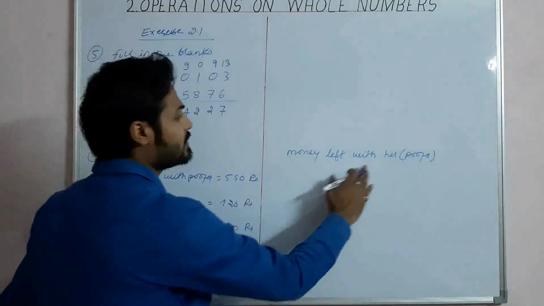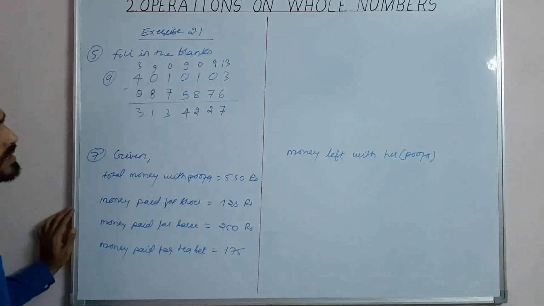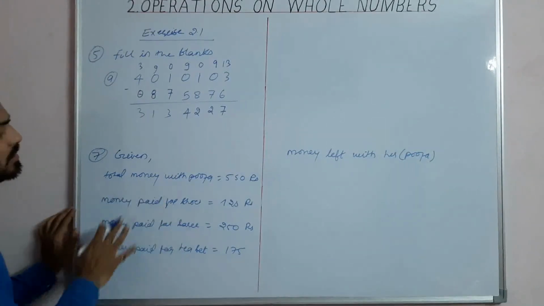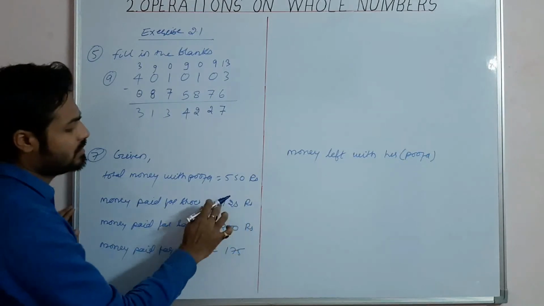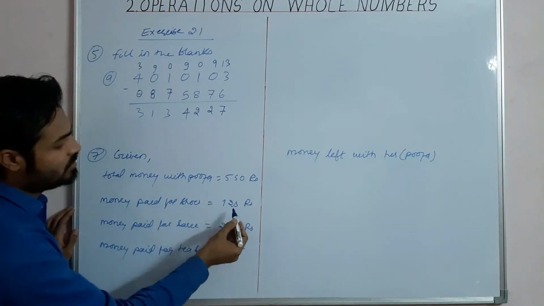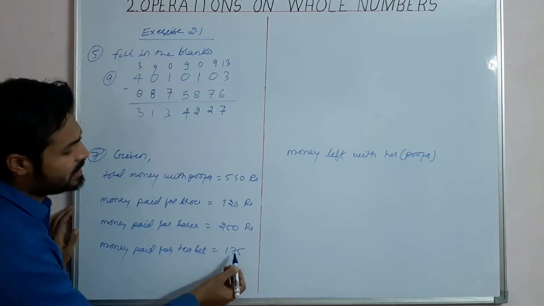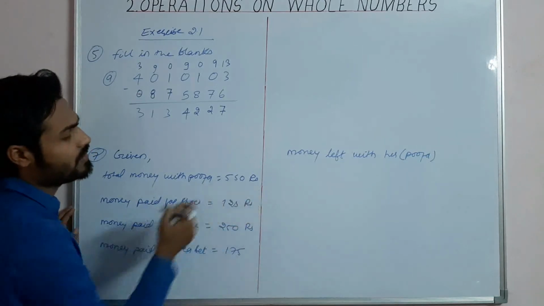Here the money left with Pooja is to be calculated using all these numbers. So what we have to do is subtract 125, 250 and 175 from 550.